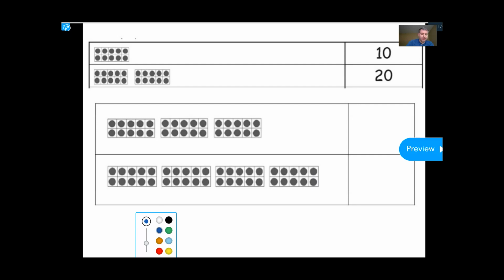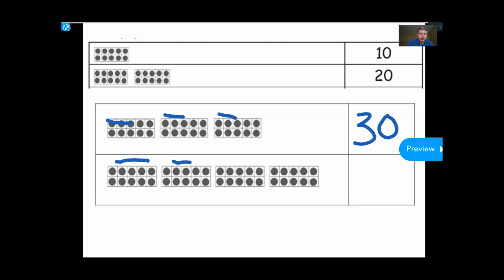Let's do them together. Count with me. 10, 20, 30. Let's write a 30, friends. Let's do the next row. You ready? 10, 20, 30, 40. Okay? Pretty easy, right?